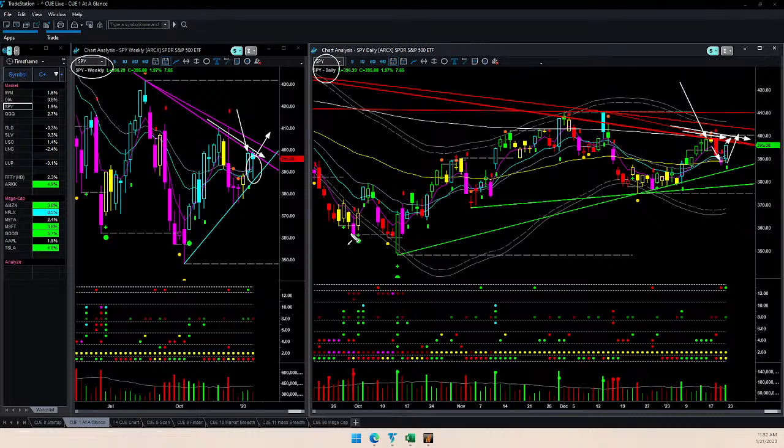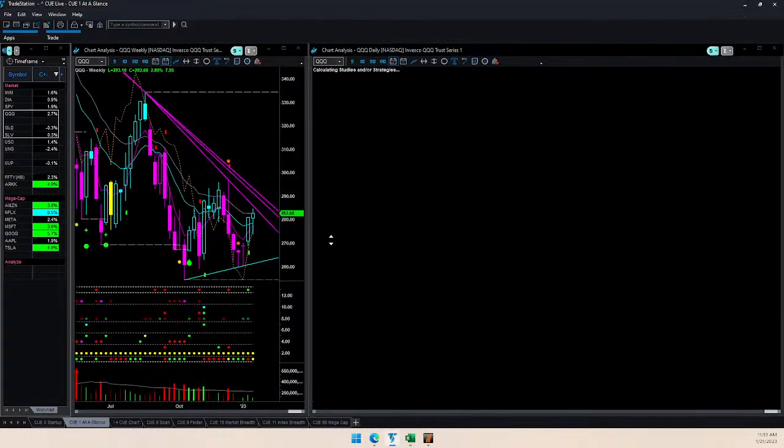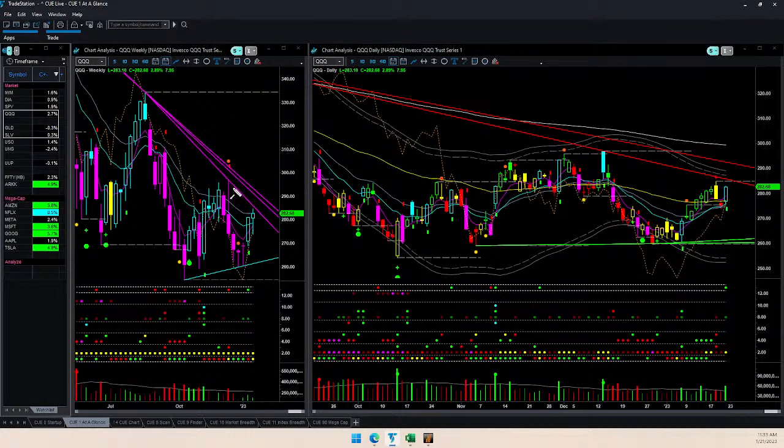But the caveat is still there that the market view from SPY and the Mega Cap Tech Index is telling us to be cautious. What about QQQ? Same caution. Weekly and daily trendline resistances are nearby.